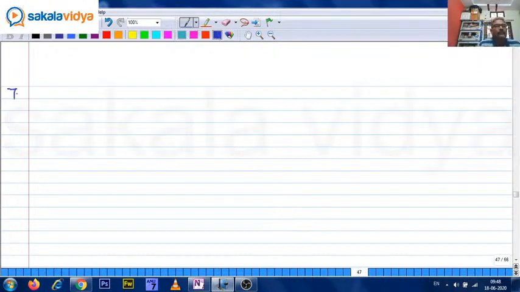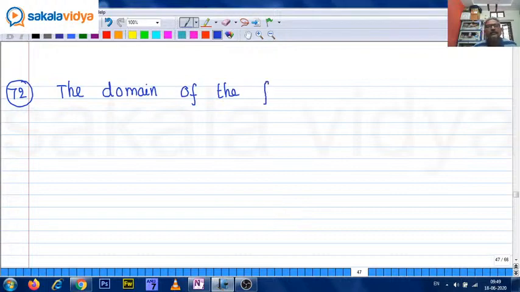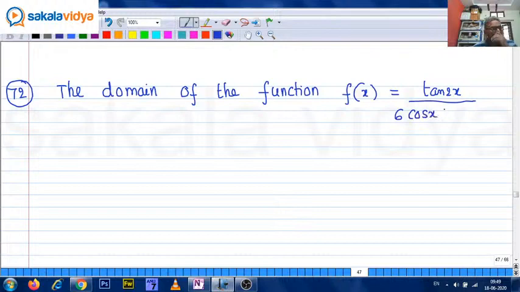Seventy-two. The domain of the function f of x equals tan 2x upon 6 cos x plus 2 sin 2x is.